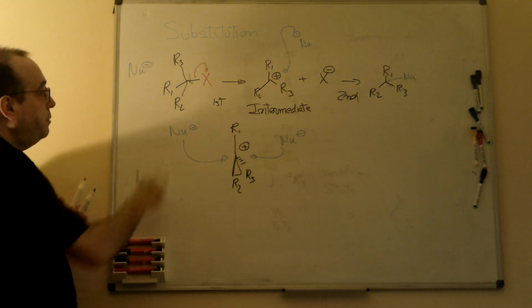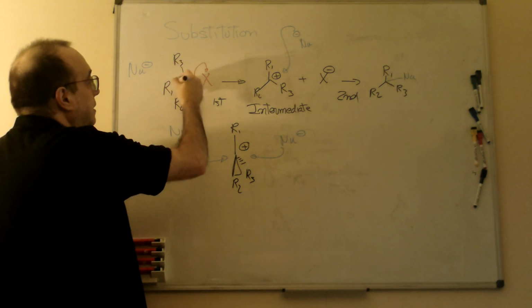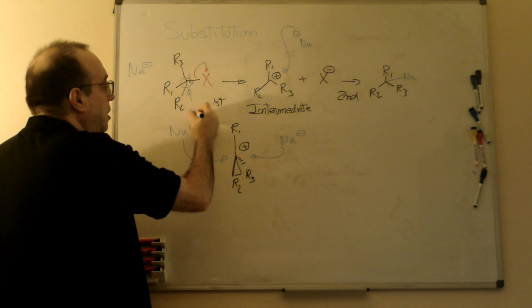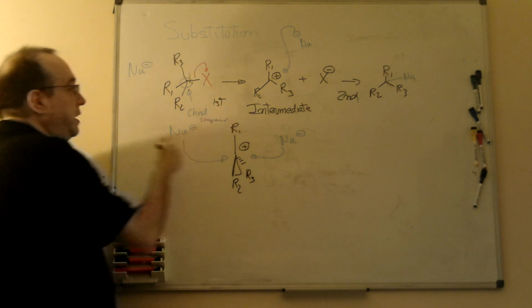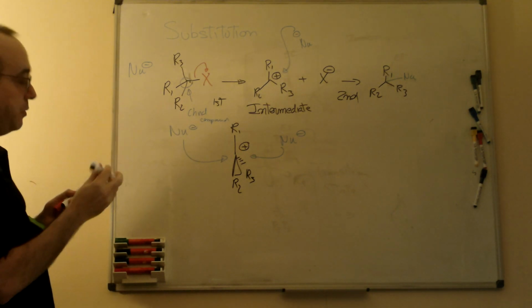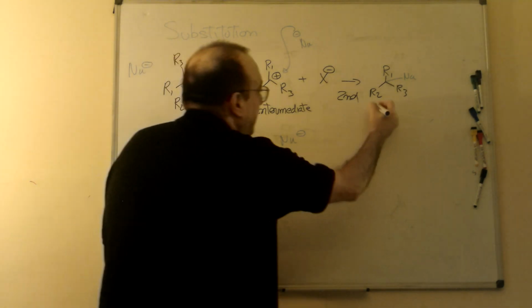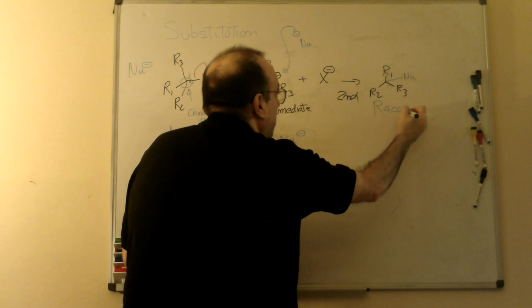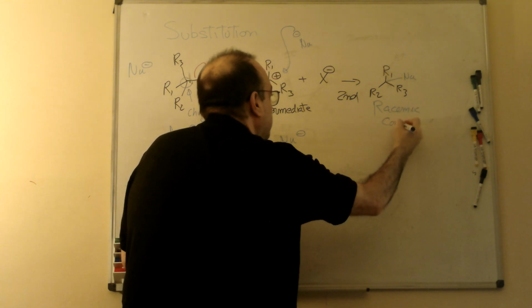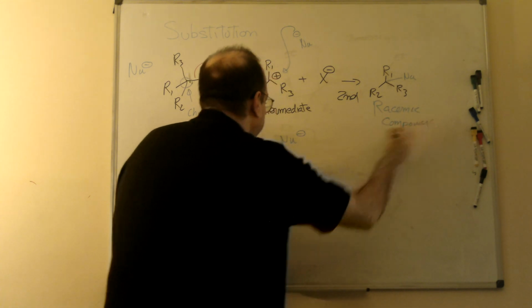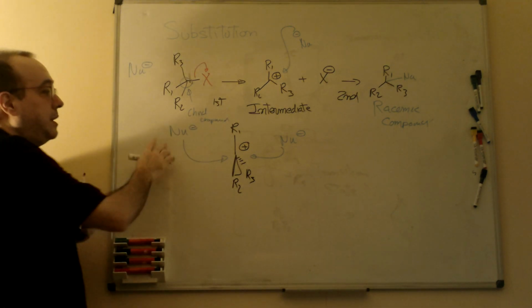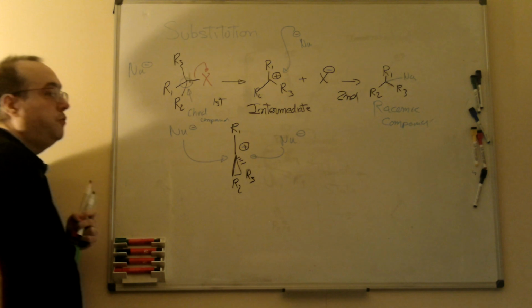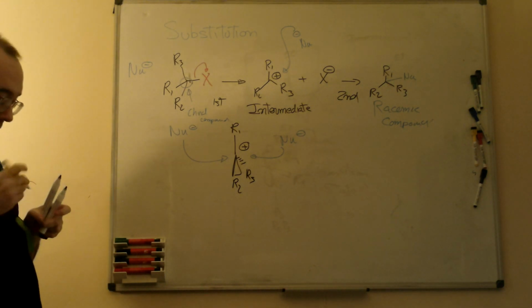That means that if we have a chiral compound and we do this type of reaction, what we will get is a racemic compound, because when we have the carbocation, the nucleophile can attack from both faces of the carbocation.